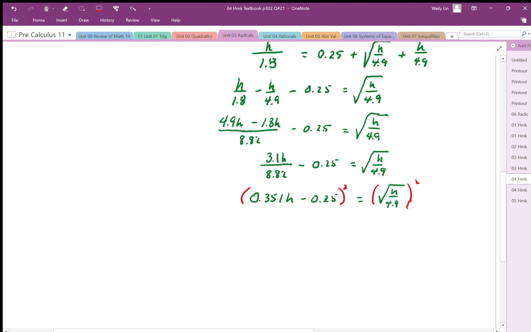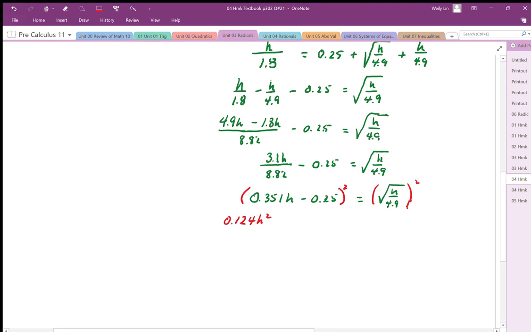Okay, so I'm going to square this all out on the left hand side, so I end up with 0.123, and I'm going to round that to 0.124h squared, and then 0.25 times that number is going to give me about 0.088, and I double that because I have two terms.